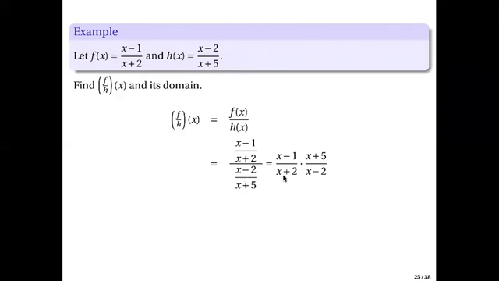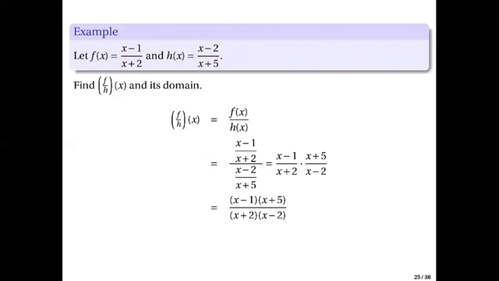Okay? And then we'll just rewrite it this way. So x minus 1 times x plus 5 over x plus 2 times x minus 2. So this is the quotient f over h.